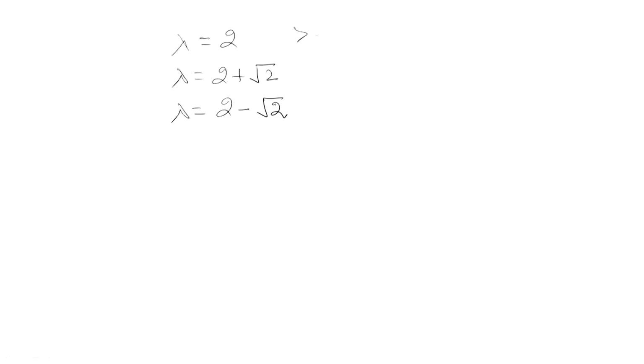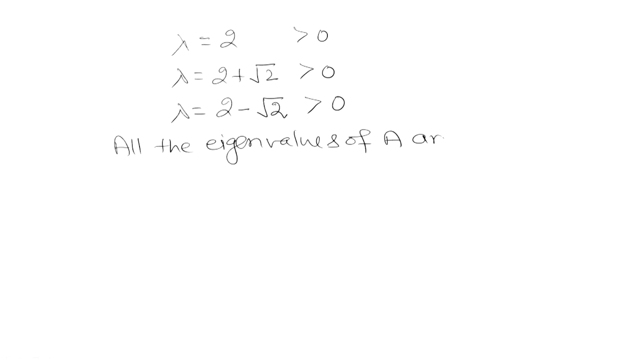If we check, this is positive, this is also positive, and this is also positive. So, all the eigenvalues of A are positive. This implies that A is positive definite.